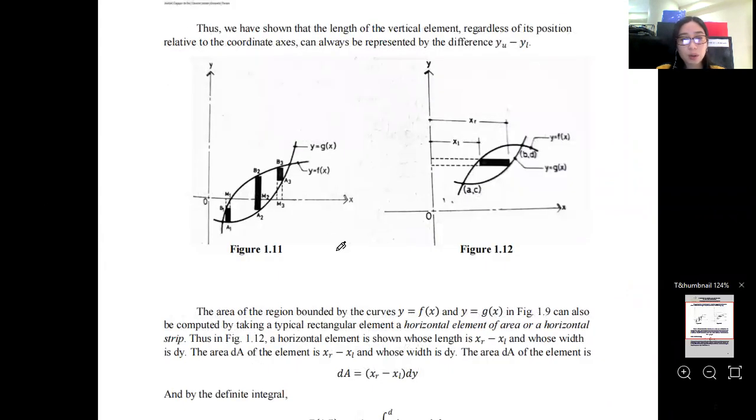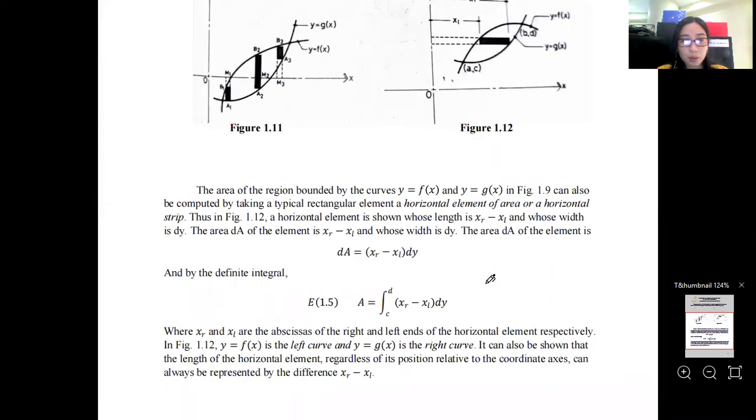Okay, so dinhi sa figure 1.12, ang atong second option in solving or finding the area under two curves, we can also use a horizontal strip. So kini muna ang vertical strip, okay? So or vertical element. While this one is kung magamit pud ta og horizontal nga strip or horizontal nga element of area or horizontal strip.